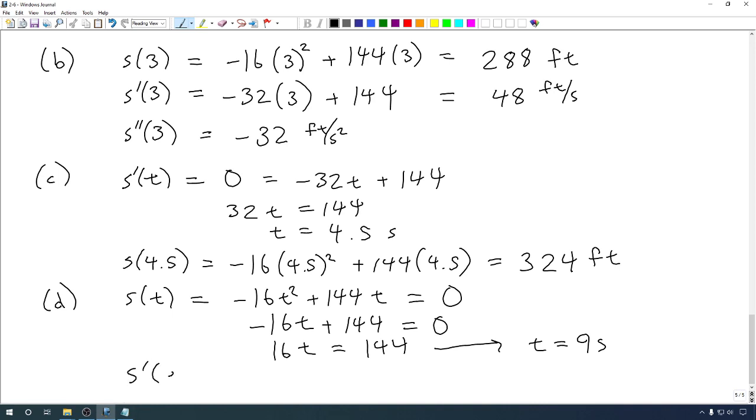S prime of 9. Of course, S prime is negative 32t, which is 9, plus 144. And we get negative 144. Of course, this is a velocity, so it's feet per second. They're asking us, how is this speed related to the initial velocity?